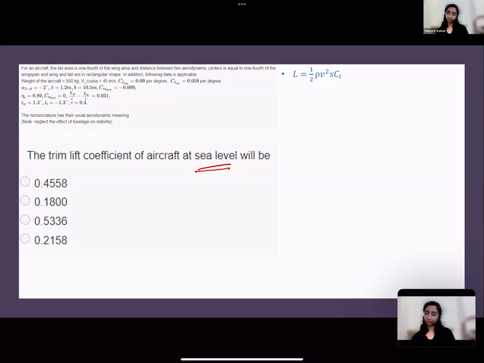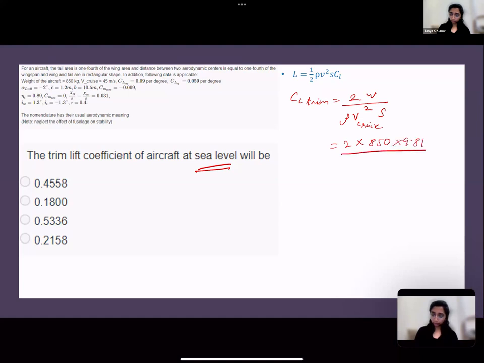Now it's simple, right? Just plug in the values. So CL trim is 2W by rho V square S. V, they've given you V cruise. Plug it in. 2 into, what is the weight? 850 into 9.81. 1.225. V cruise is 45.